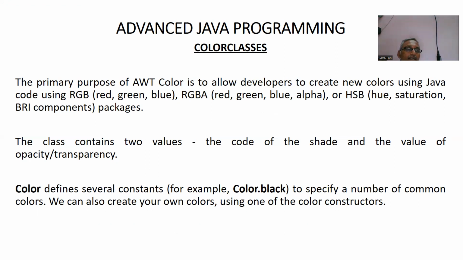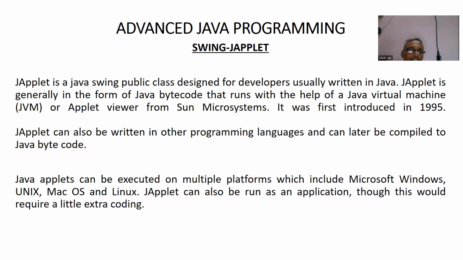As for Color, it defines several constants, for example Color.black, to specify a number of common colors. We can also create our own colors using one of the Color constructors. Three commonly used forms are shown here: Color(int red, int green, int blue), Color(int rgbValue), or Color(float red, float green, float blue).